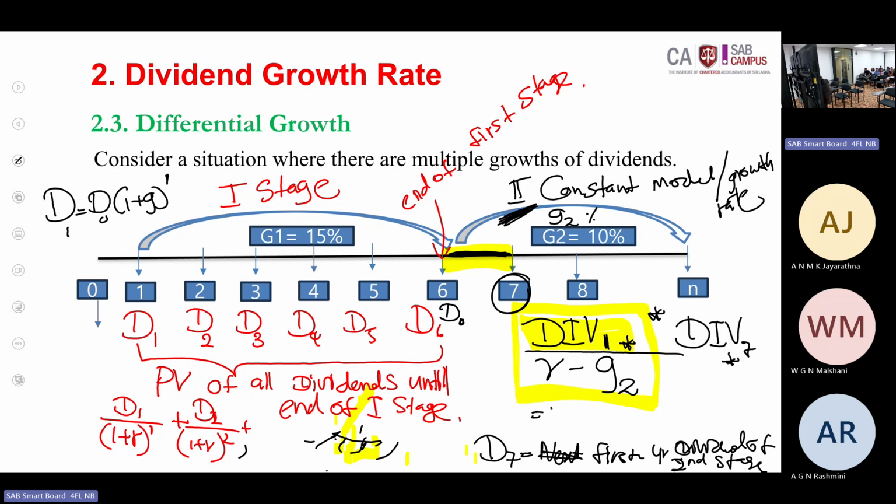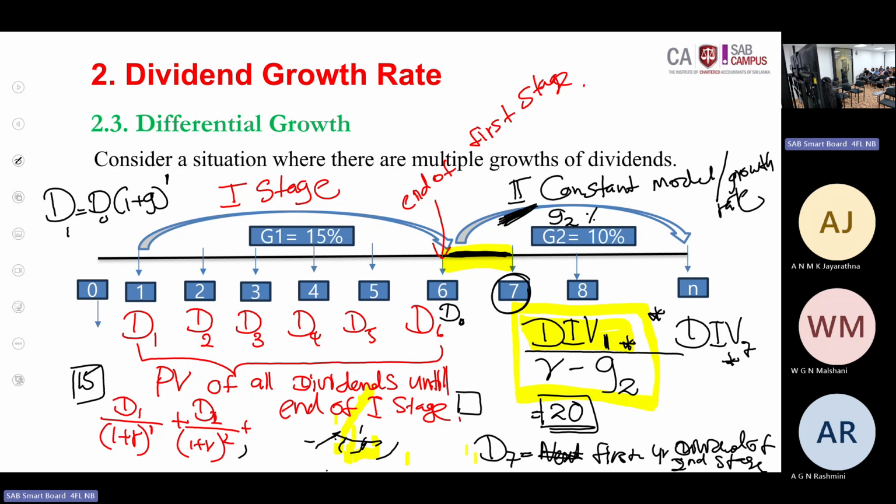Just imagine that value is 20. This 20 has been calculated at the end of the 6th year. So if I take this 20 as well as the first stage present value of all the dividend payments, which is 15, is 15 plus 20 correct?